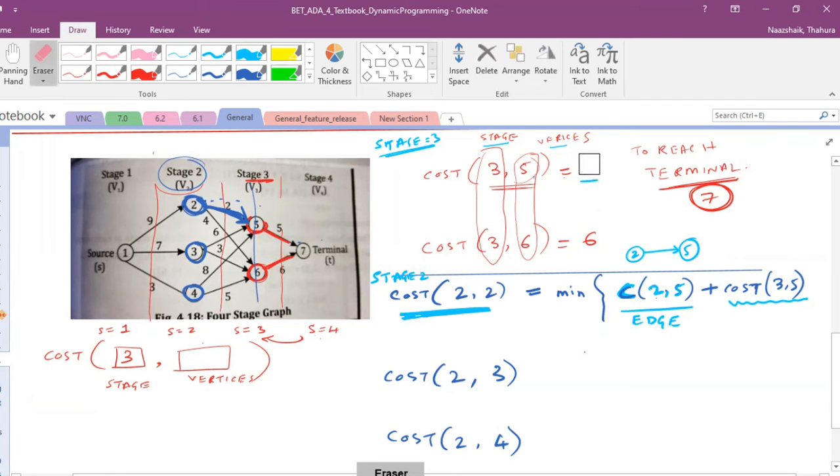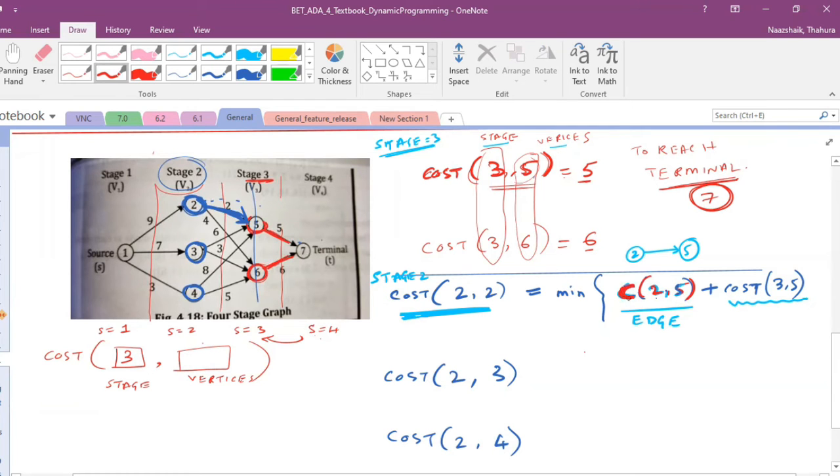How did I get 7? This is 5. And this is 6. This is the direct cost. Okay. And whenever I say cost, these two numbers, you need to understand what this means. And whenever I say C, two numbers, there is a difference.